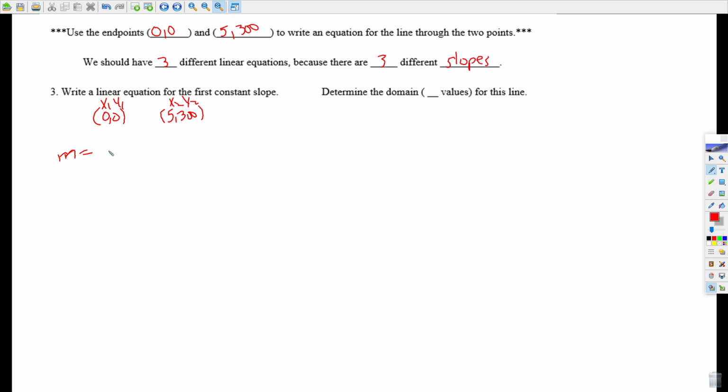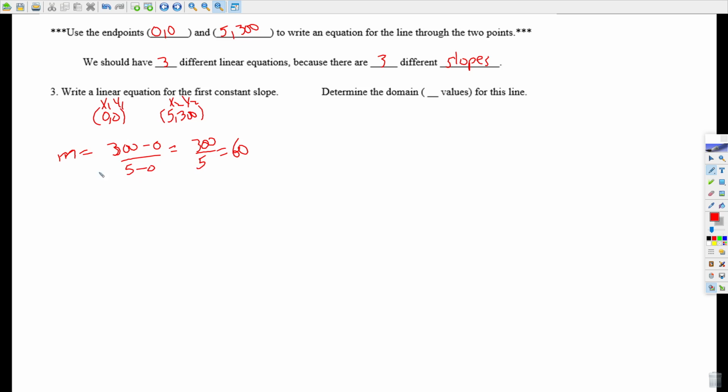Do your slope. So it would be 300 minus 0. This is actually pretty easy. And 5 minus 0. So 300 divided by 5. So what would that be? Looks like our slope is 60.